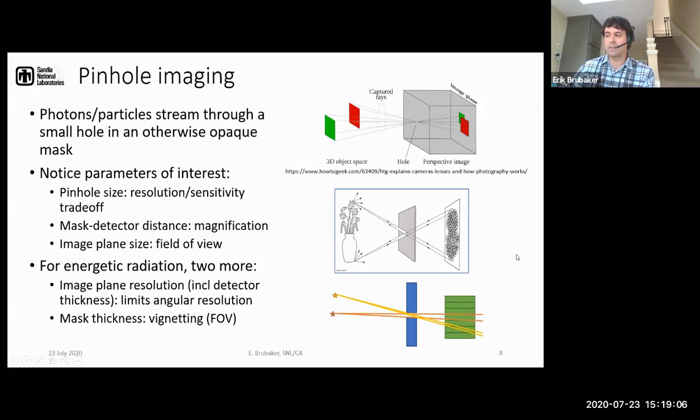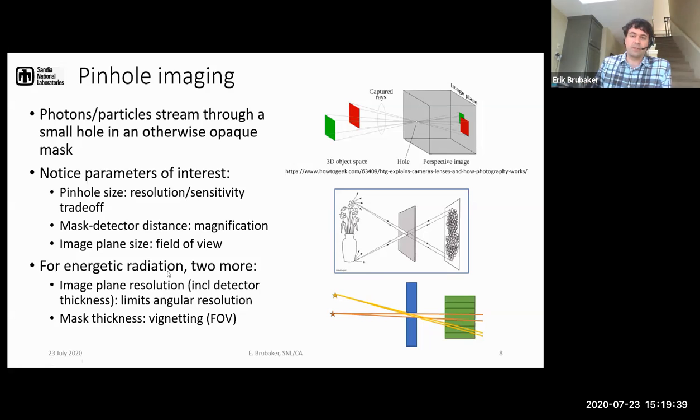A couple of other things come into play, especially for energetic radiation. When you're thinking about energetic gammas and neutrons, materials cannot be opaque with infinitely thin thickness, right? You need some thickness, especially thinking about high energy gammas or neutrons. You may need centimeters or inches of material.